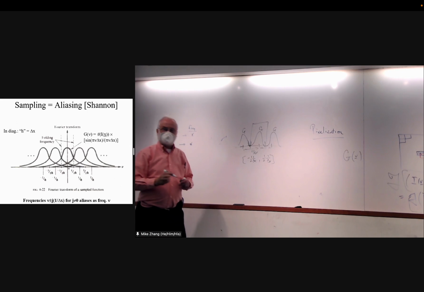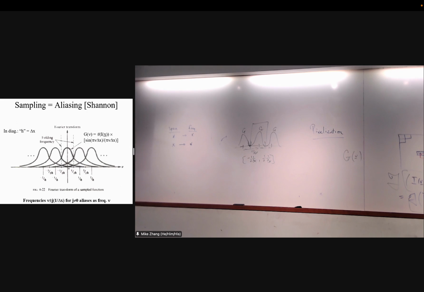If I can choose a delta x so that I'm band limited, that is to say my original image has no frequency component, 0 at all frequencies above plus 1/2 1 over delta x, and minus 1/2 1 over delta x, then I can completely reconstruct my original image from the pixels. Okay? I haven't lost any information if I can solve this.